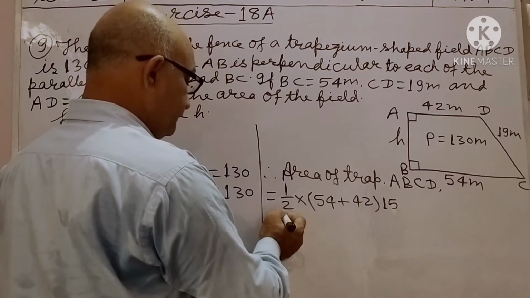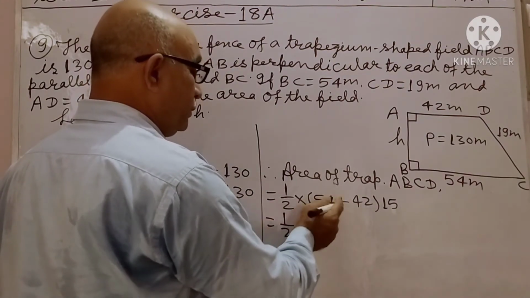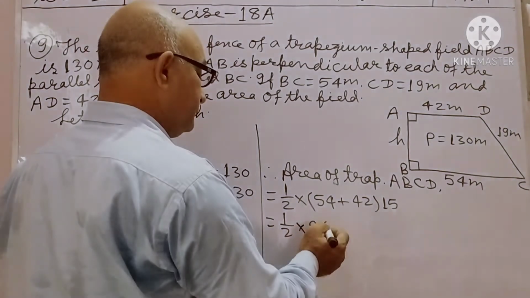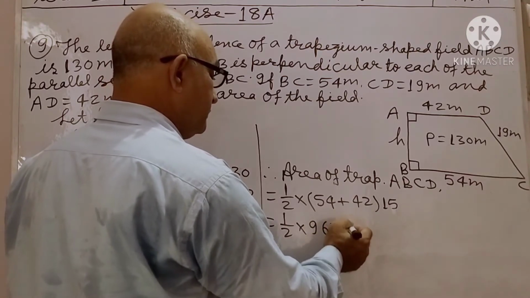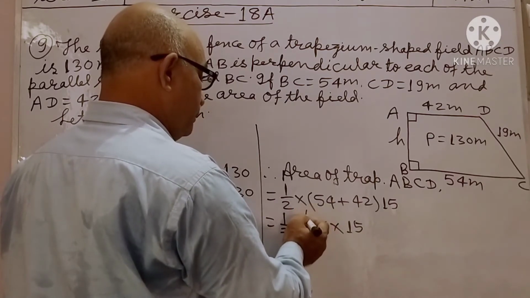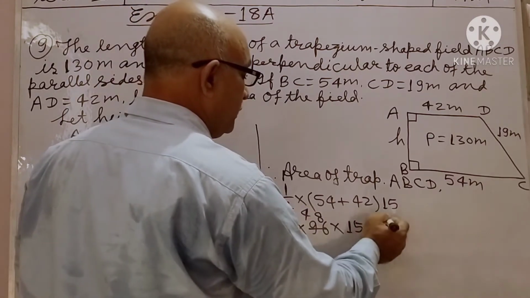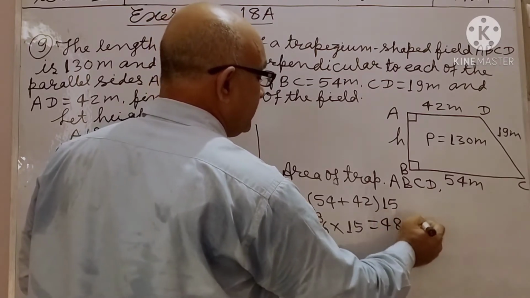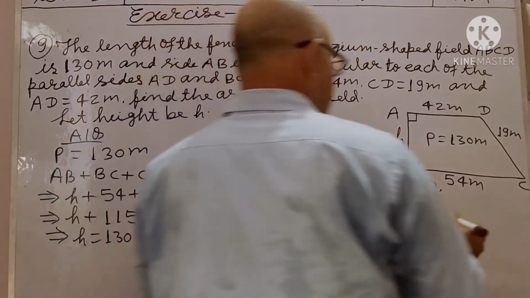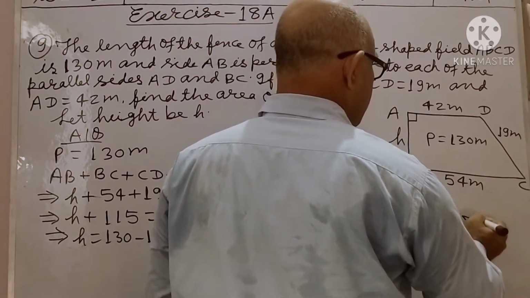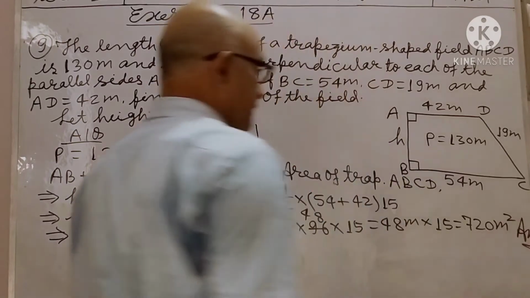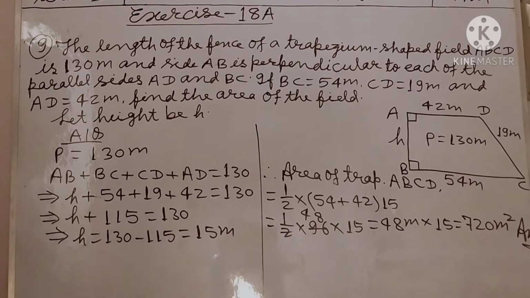Equal to 1 by 2 into added, 4 plus 2, 6 and 5 plus 4, 9, 96 into 15. 96 divided by 2, 48 equal to 48 meter into 15 meter equal to 720 meter square, answer. Students, understand and write it.